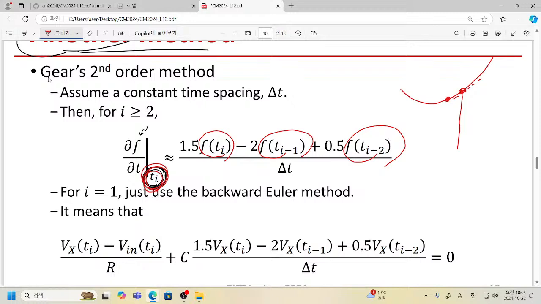However, if you take two previous values, then you can have these two. From this and that, the difference between this and that can be calculated, and now we feel that its slope is increasing.